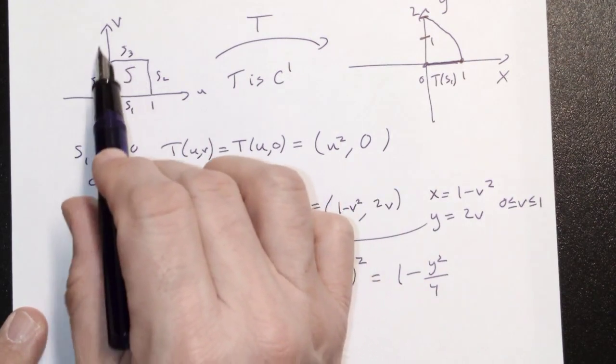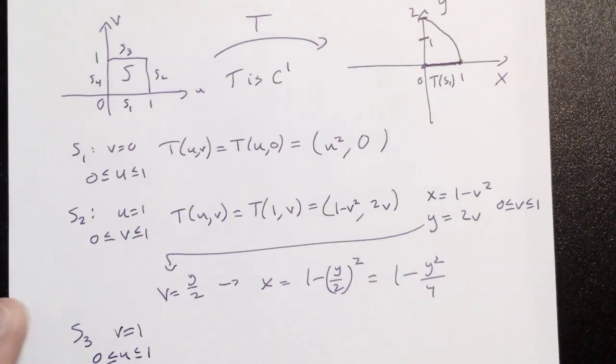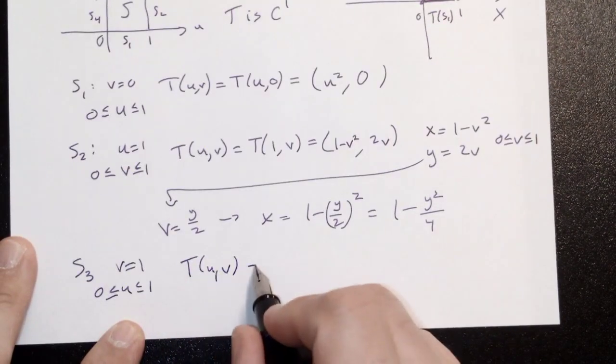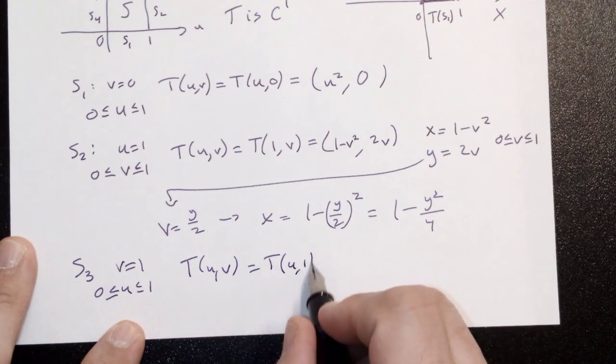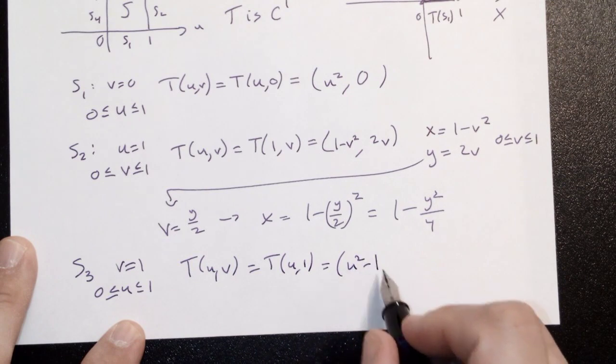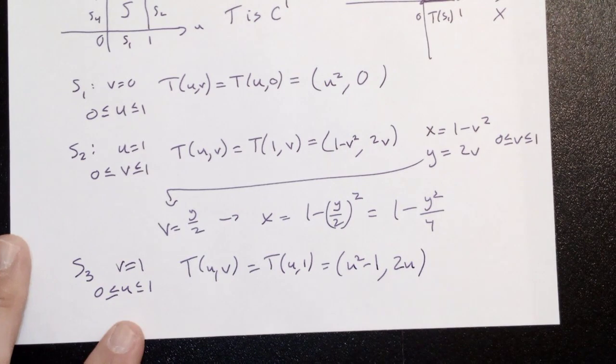So I know that v is always equal to 1, and I know u is between 0 and 1. So I can do the same setup. T of (u,v) becomes T of (u,1). And then I get u squared minus v squared, and 2 times u times v, which is 1. Those look very similar, don't they?